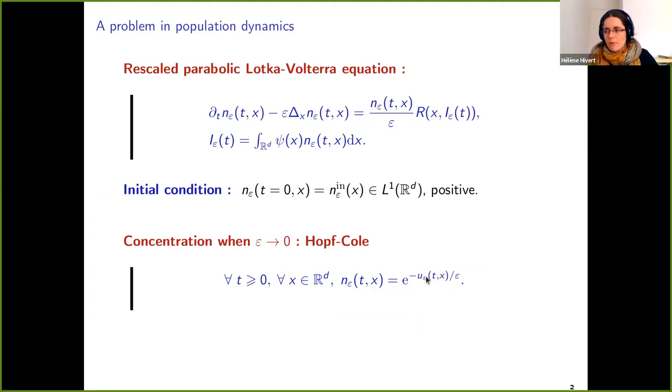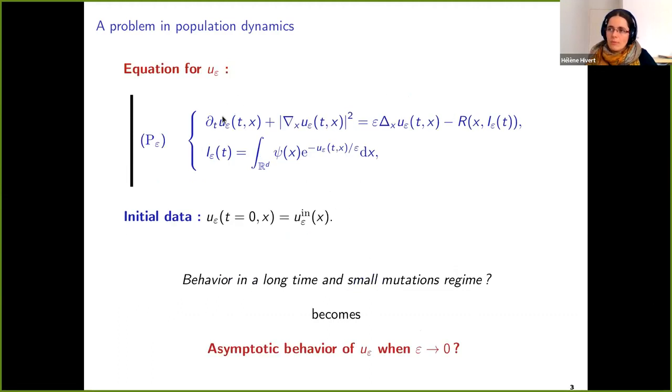So if we plug this transform in this equation for n, we obtain another problem for u, which is the time derivative of u plus something which is actually Hamiltonian. It's a nonlinear function of the gradient in x of u, and this nonlinear function is convex.